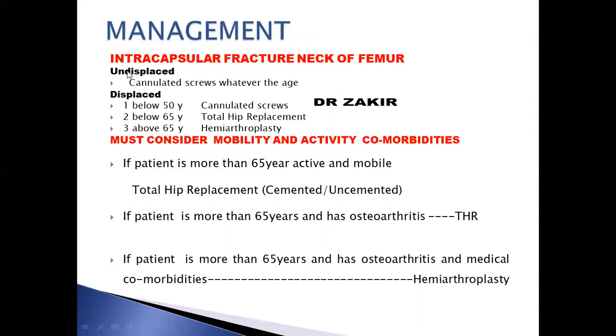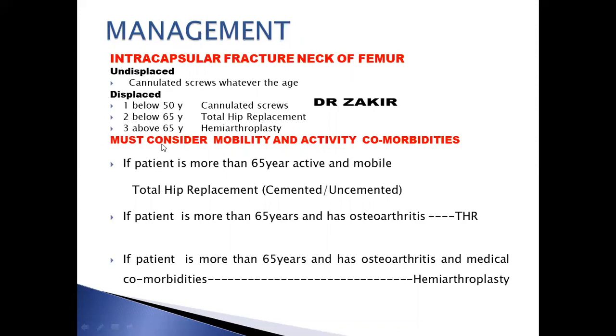So here we are going to discuss management of intracapsular fracture neck of femur. It could be undisplaced. In this case, we are going to do cannulated screw fixation. It could be closed or open, and don't consider it. At any age, we are going to do cannulated screw fixation in undisplaced intracapsular fracture femur.